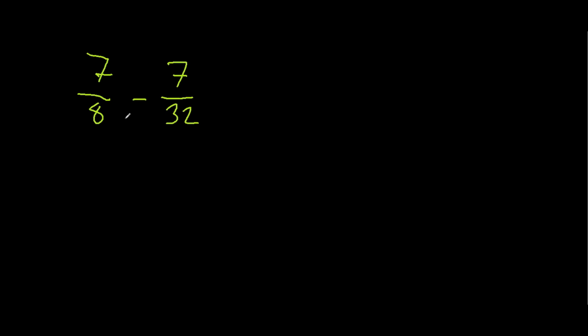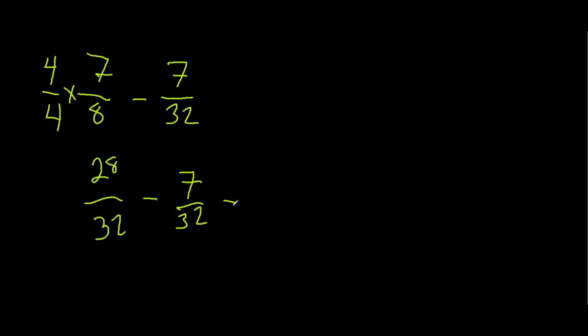Once again, 8 goes into 32 4 times, so 4 over 4. 4 times 7 is 28. 4 times 8 is 32. 28/32 minus 7/32 is equal to 21/32. And just like the other ones, this is our lowest common denominator. We can't reduce it any further than that.